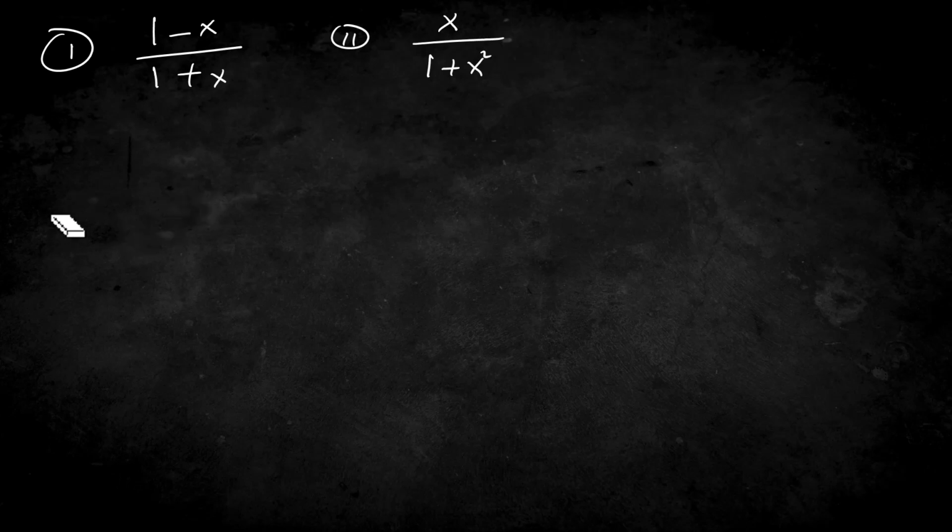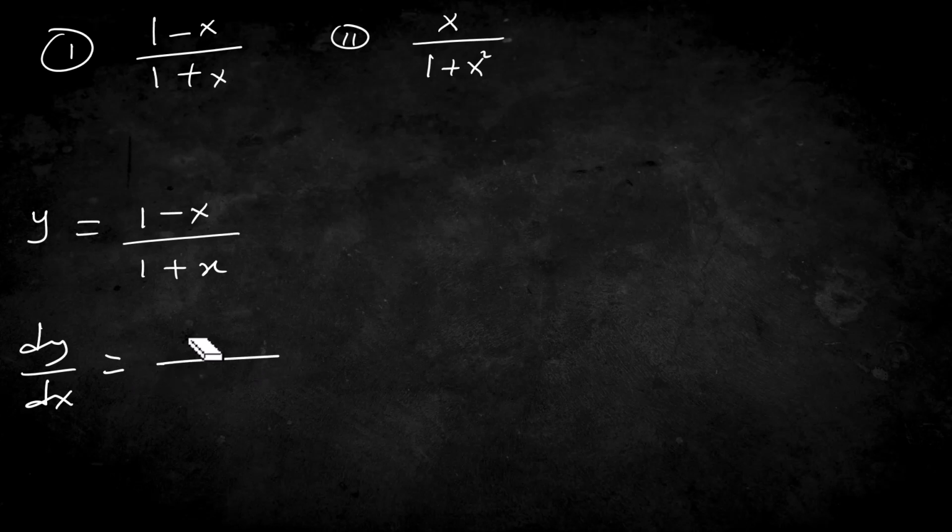So the first one, we let y be 1 minus x on 1 plus x. dy/dx will be, now let's square the down one, 1 plus x. Minus, before that let's differentiate the top one, that will be minus 1. Minus, so let's keep the top one and differentiate the down one, 1.